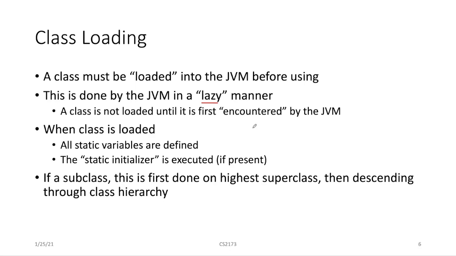Now, can it be guaranteed to be loaded? The answer is yes, because of the strictness of the compiler. If there's a class that can't be compiled or can't be found, the compiler will simply not let the program run.